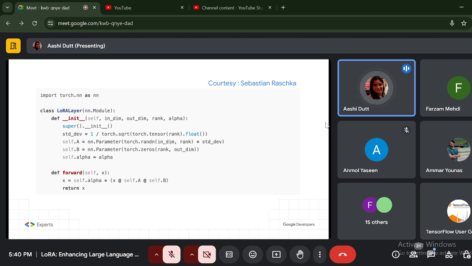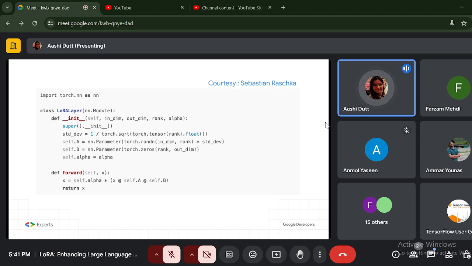And then alpha here is basically a scaling hyperparameter that is applied to the output of low rank adaptation. What alpha is actually doing here is controlling the extent to which the adapted layer's output is allowed to influence the original output of the layer being adapted.